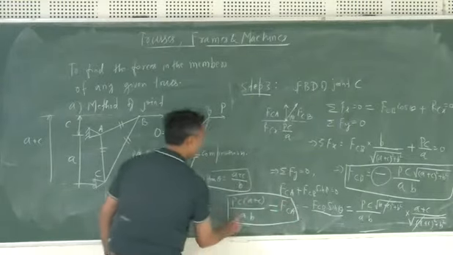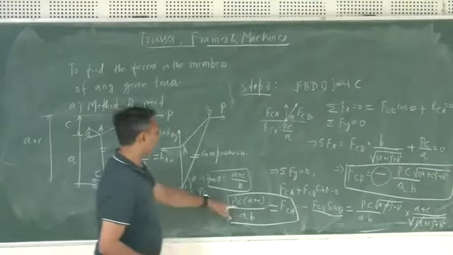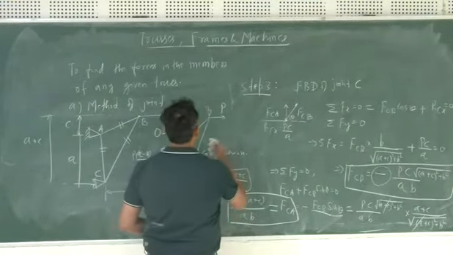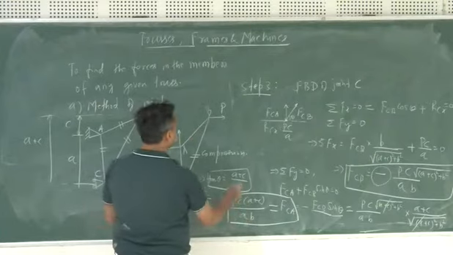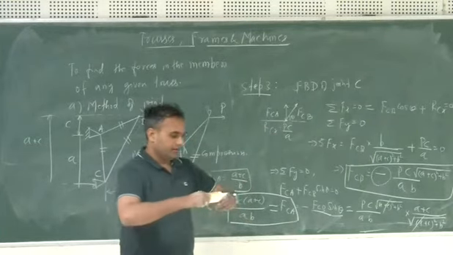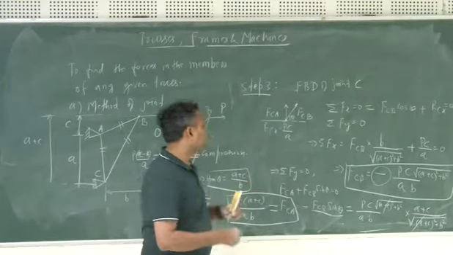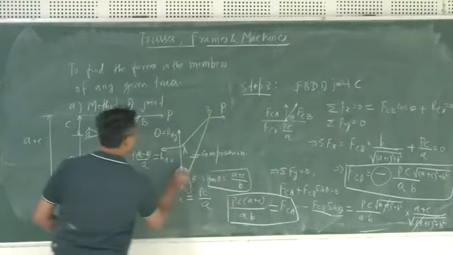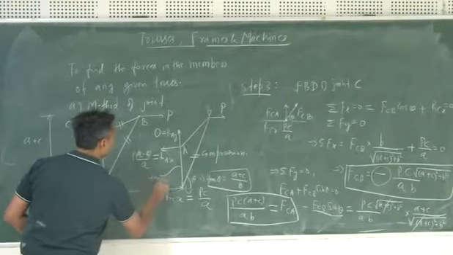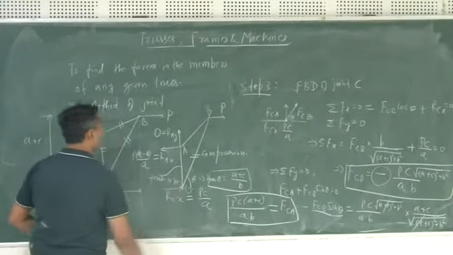So force in this member is given by this one. But the way we consider this, it means that it is trying to come out, and the direction of this force is inside. It means that this member is under tension.